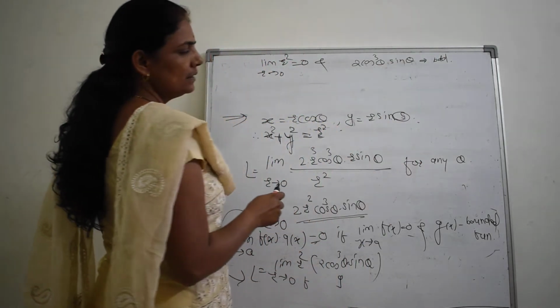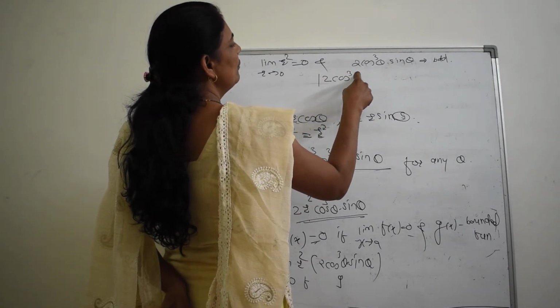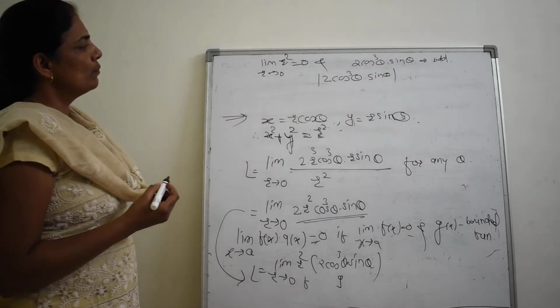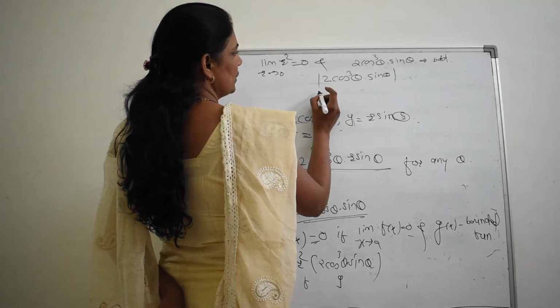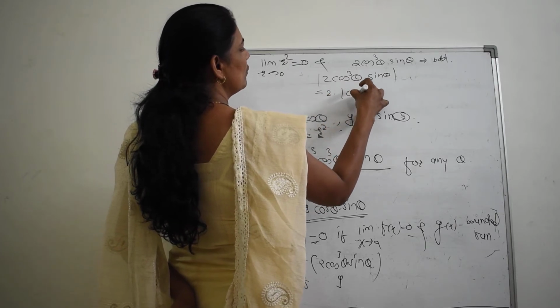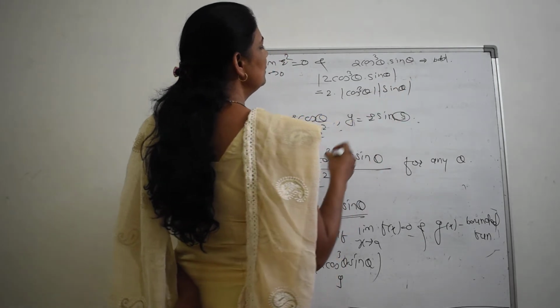Why is it bounded? To show that it is bounded, we consider the mod of this, which is 2 times mod of cos cube theta times mod of sin theta.